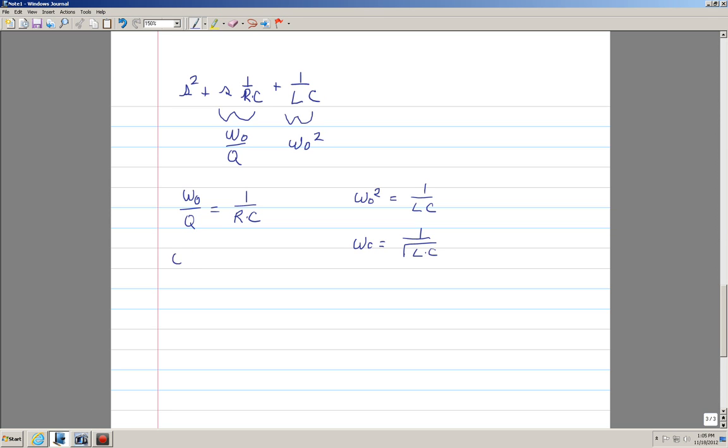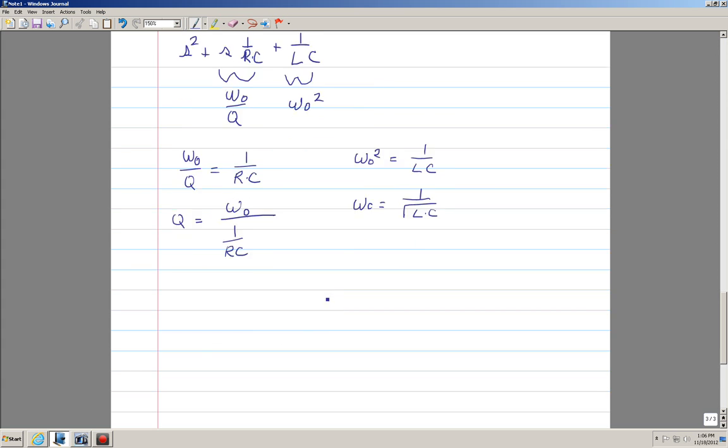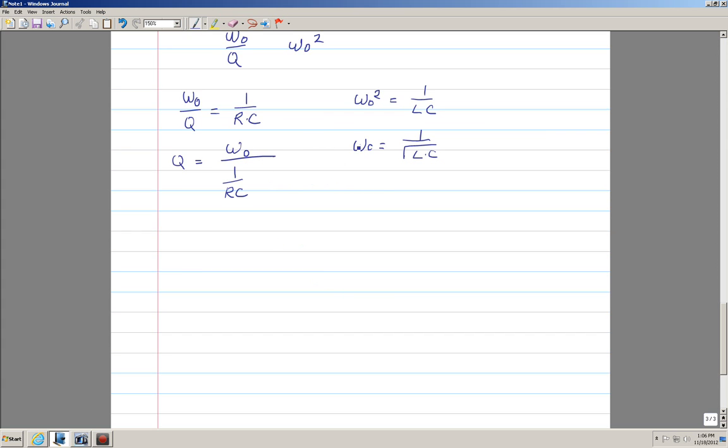Go back to the first equation, we're going to have Q equals omega naught divided by... 1 divided by RC. So this is the first equation we're going to use. Here we have Q equals 1 divided by the square root of LC, divided by 1 over RC.